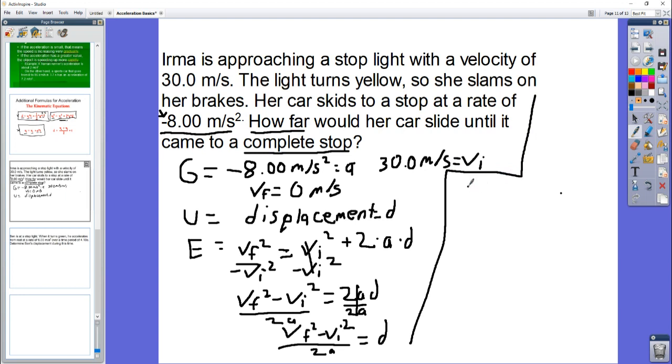So now let's substitute: v sub f, 0, squared, minus v sub I, that's 30 meters per second, squared, over 2 times the acceleration of 8.00 meters per second squared.